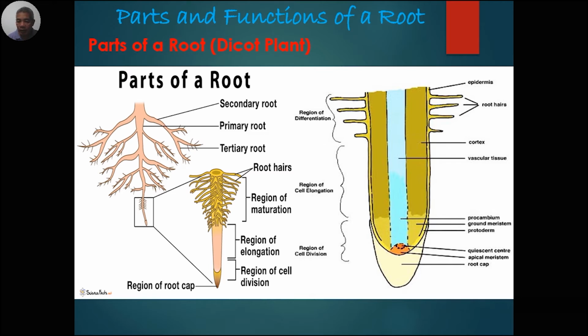Then the ground meristem produces cortex, a ground tissue, and the protoderm produces epidermis, which is actually a dermal tissue. And at the tip of the root, we have the root cap, the apical meristem, and quiescent center.